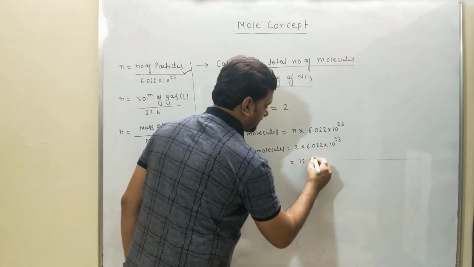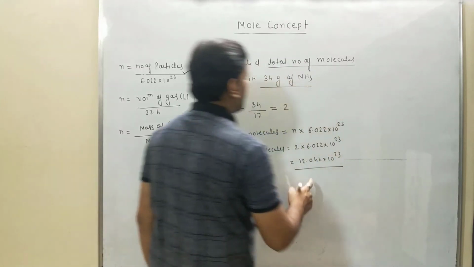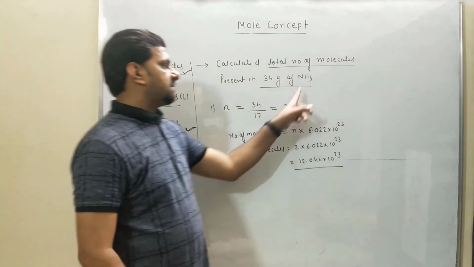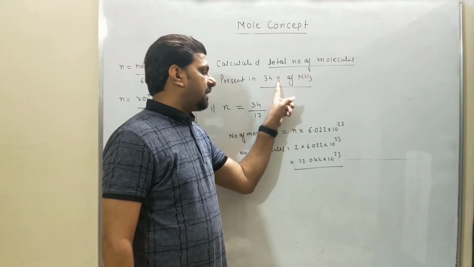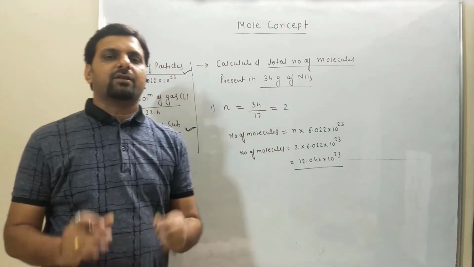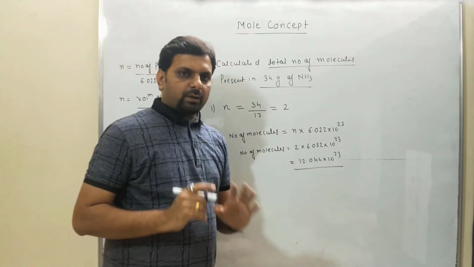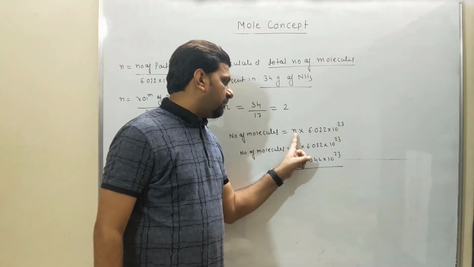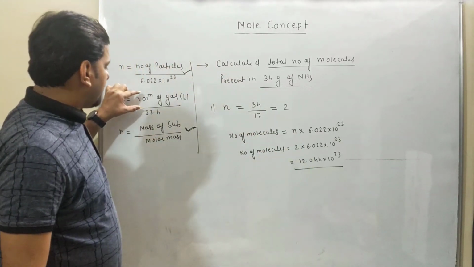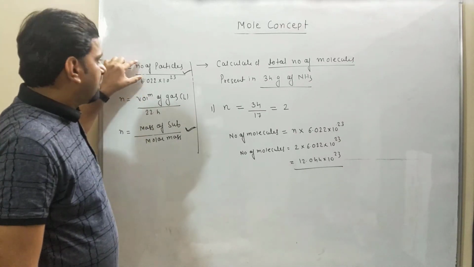So 12.044 into 10 raised to 23 molecules of NH3. So in 34 gram, 12.044 into 10 raised to 23 molecules of NH3 will be present. Okay. So if you have number of moles, you can calculate volume of gas, mass of substance, is it? And even number of particles.